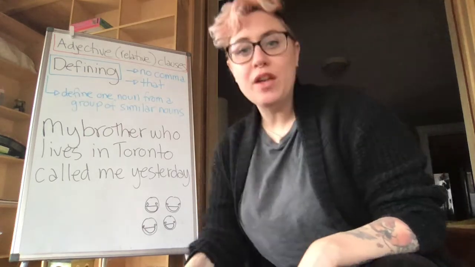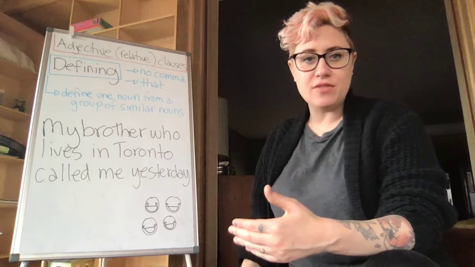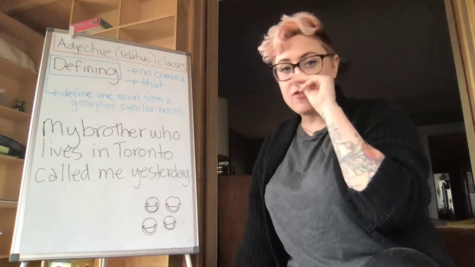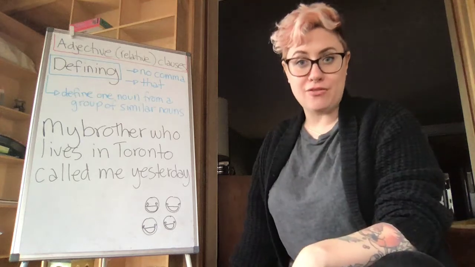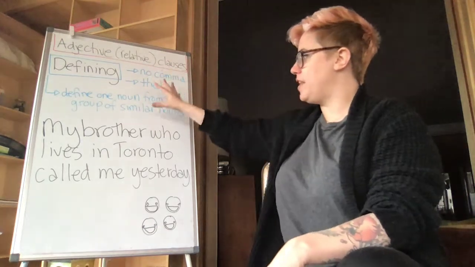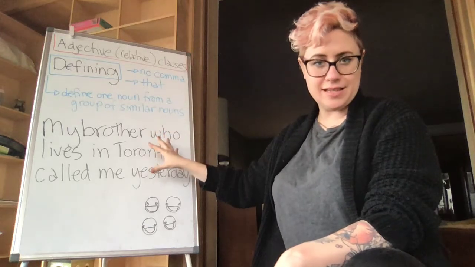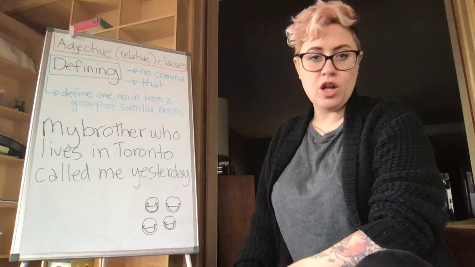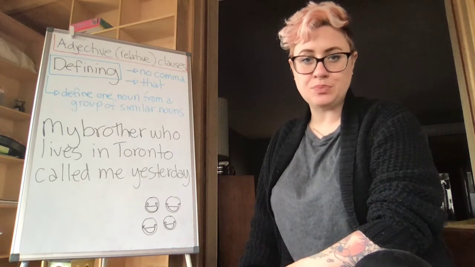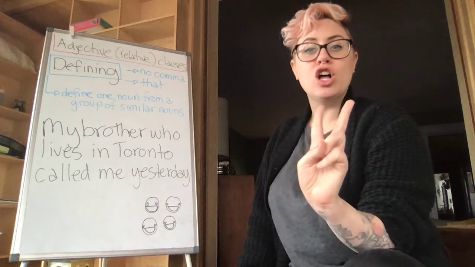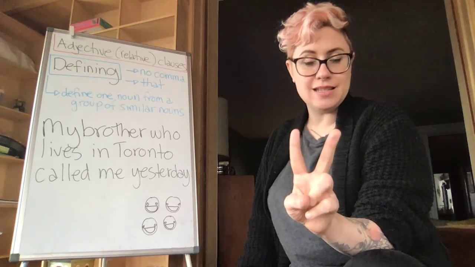So we have two types of adjective clauses, defining and undefining. At first, I'm going to talk about defining. All right. Before we look at all of this, I want to look at this sentence. My brother, who lives in Toronto, called me yesterday. This sentence has two clauses inside of it.